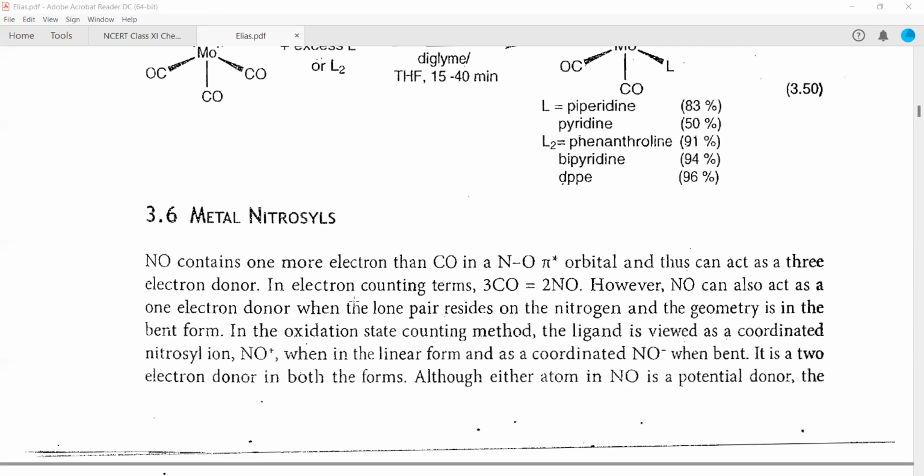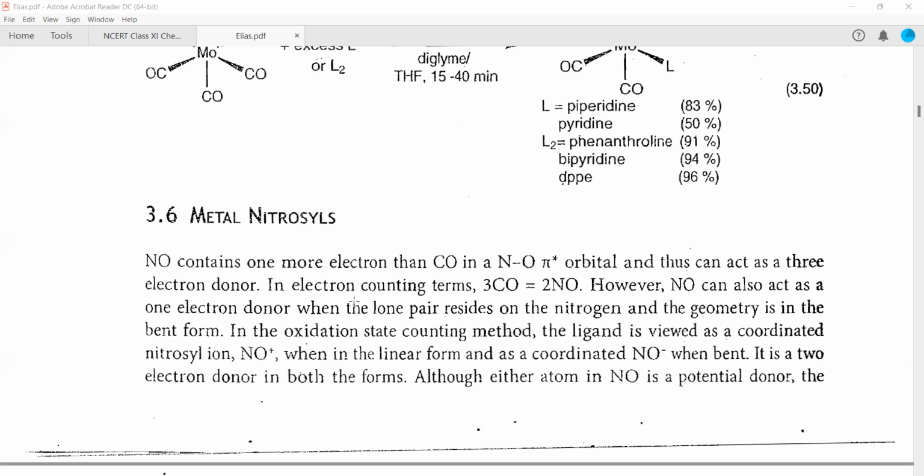We already saw in the last chapter that there are two binding forms of nitrosyl ligands. The first is when NO is in the positive form, and the other is when NO is in the negative form. When NO is in the positive form, it is coordinated as linear, and in that case it can give 3 electrons.